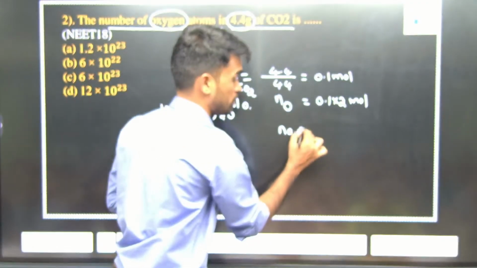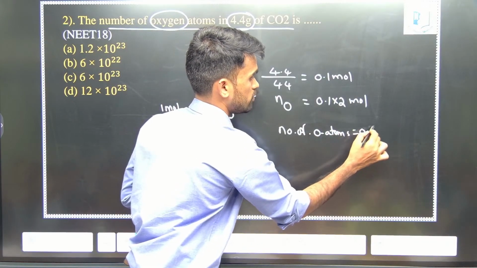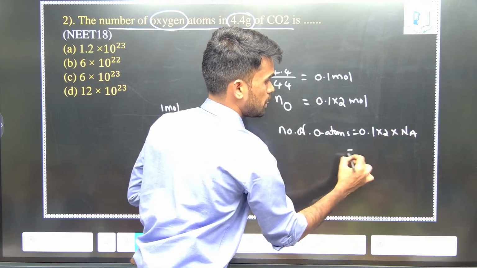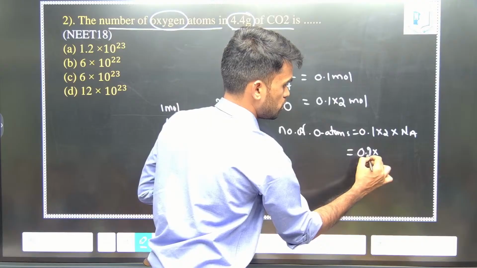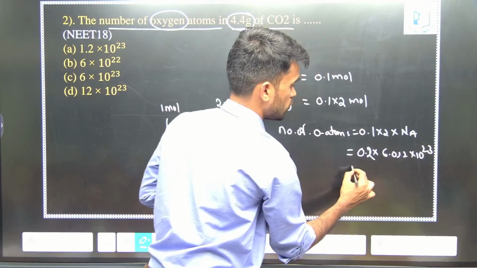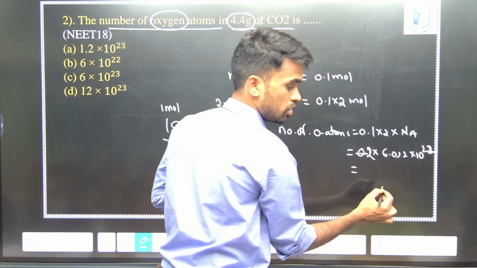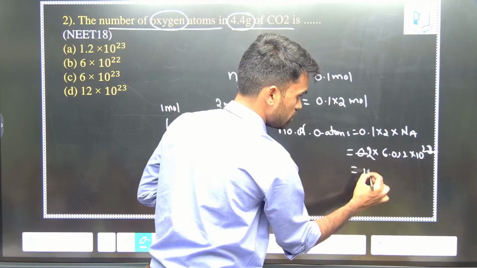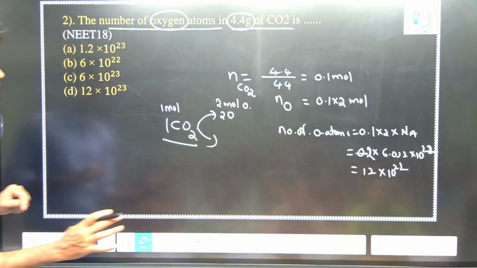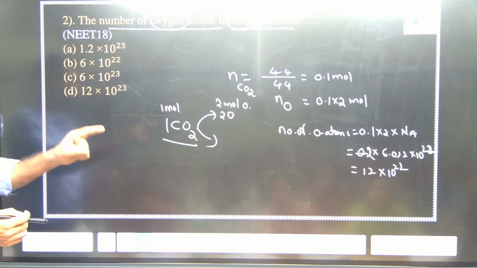Now if I ask the number of oxygen atoms, it is 0.1 into 2 into Avogadro number. So it will be 0.2 into 6.022 into 10 power 23. Now I can remove 1 zero from here and this is 22. So 12 into 10 power 22 we got. Just check if any option is like this. 12 into 10 power 22 should be there.